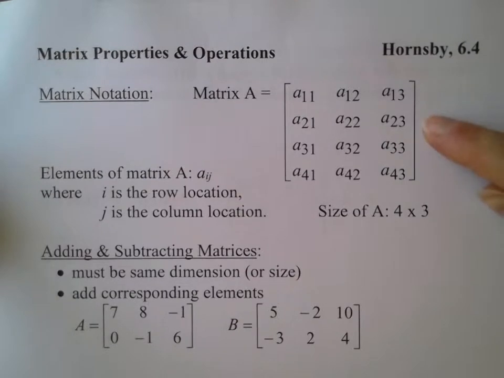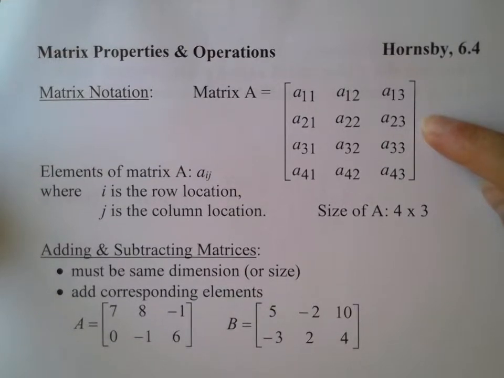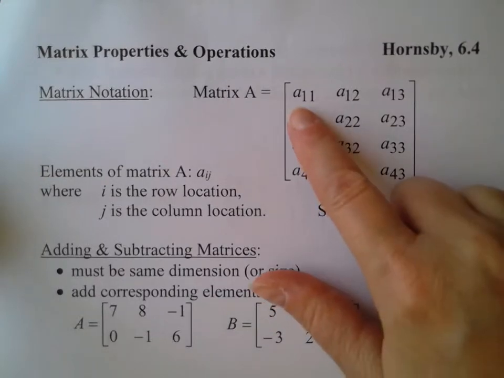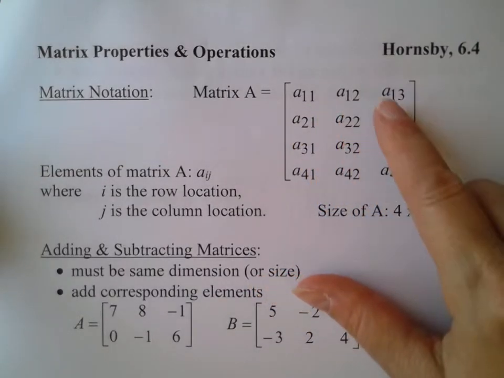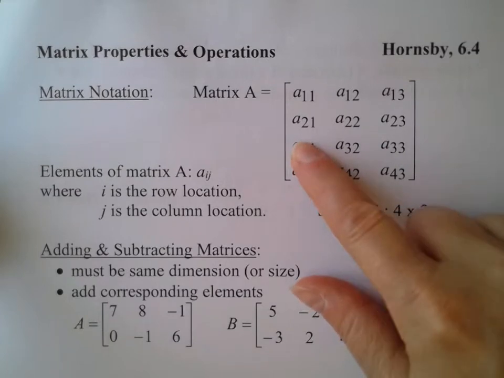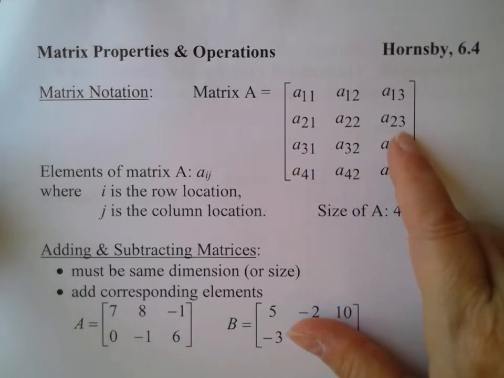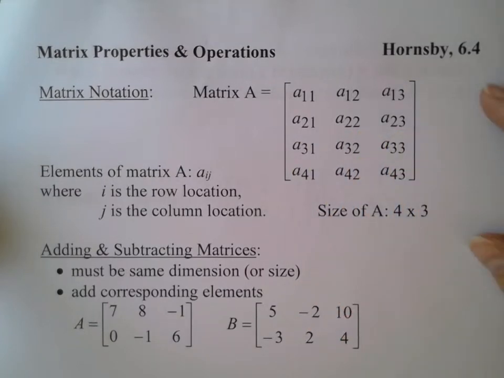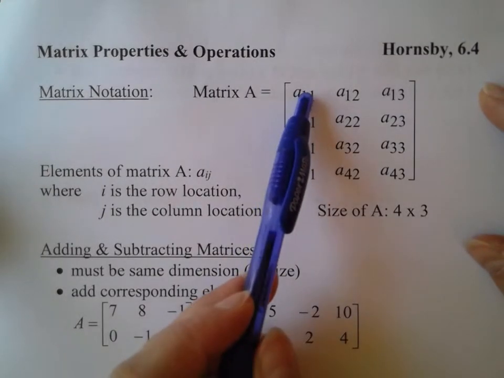First of all, this is matrix A, okay, and usually we use a capital letter to represent the whole matrix, and then we use a lowercase letter to represent what are called the elements of the matrix, the numbers that are in the array, which is organized like this sort of rectangle with rows and columns. In general, this is the way we represent these elements.